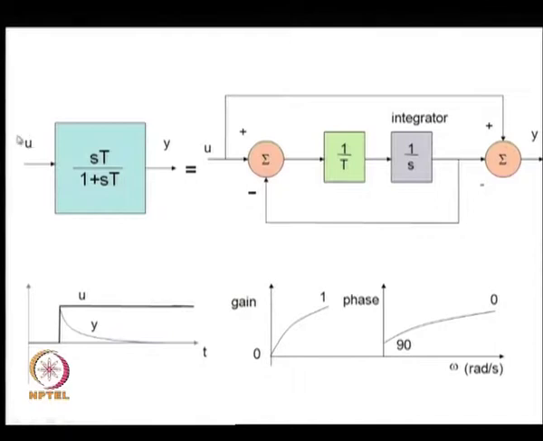So, this ensures that the power system stabilizer modulates the controllable element only when there are transients in U, but not when U has some DC value or some steady state value. Okay. So, for example, if there is a step change in U, the output of this block will have a response something like this.